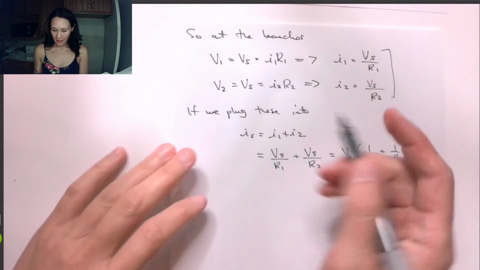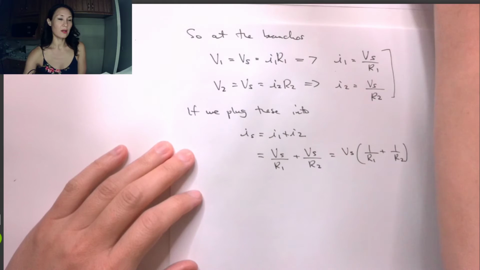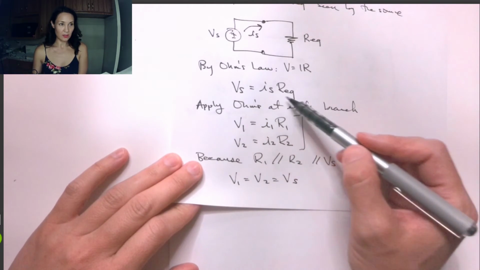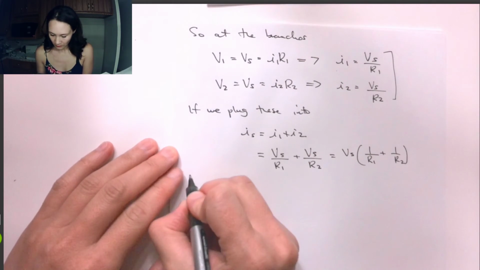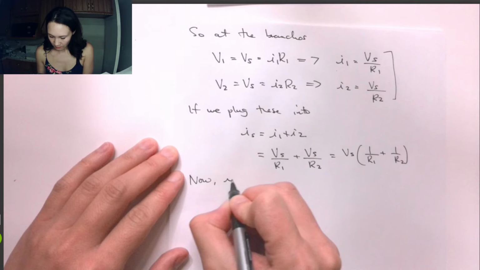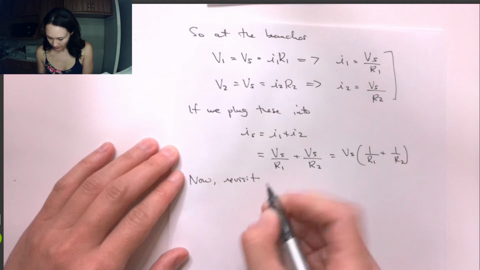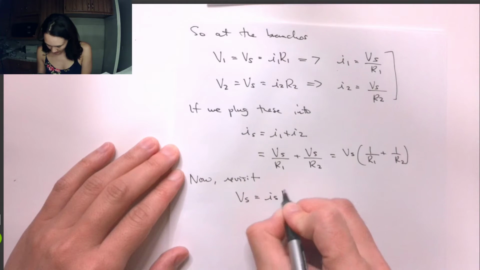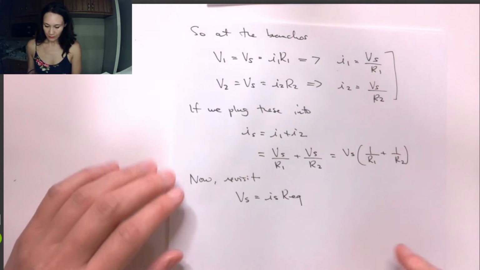So let's go back and use our Ohm's law equation for our equivalent circuit here. So that was this guy. Vs is equal to Is times Req. So now let's revisit our Vs is equal to Is times R equivalent. Okay, great.